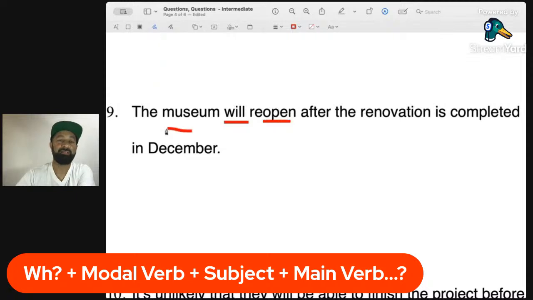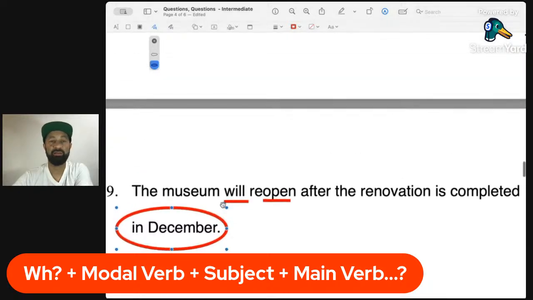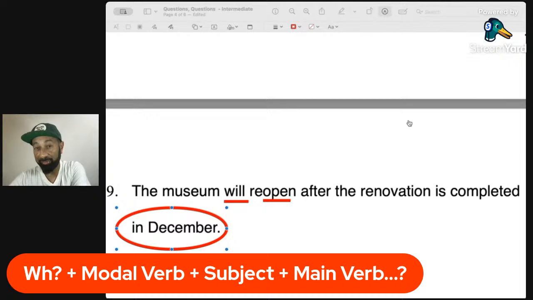Maybe my answer is this, in December. So what could be the question here? Because it's in December, we're talking about a day, we're talking about a month. So this is a when. A when question will be the easiest.